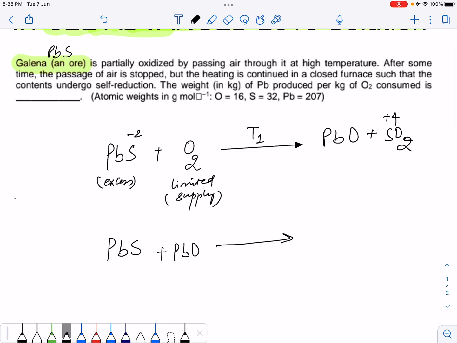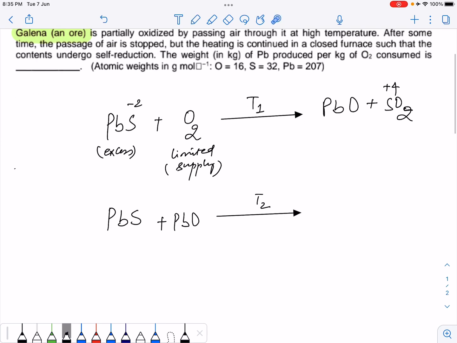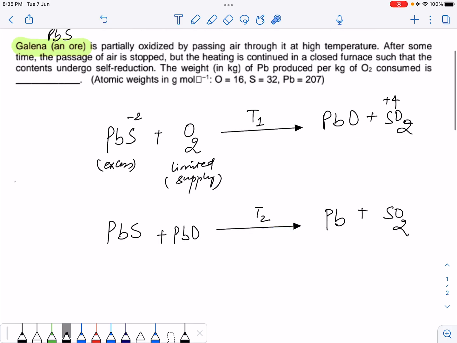Let's say this reaction occurs at temperature T2. In this process, sulfur and oxygen again combine to form SO2, but this time the lead gets reduced to the native state, that is Pb. So we have this question, and the last statement says: the weight of Pb produced per kg of O2 consumed in the reaction is.